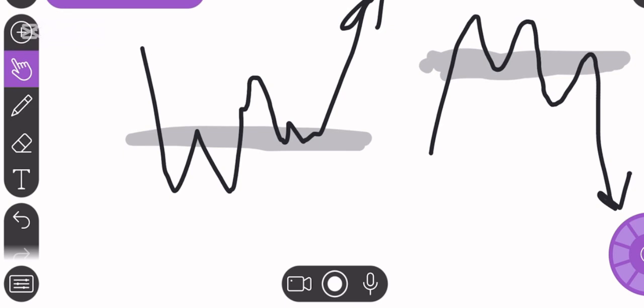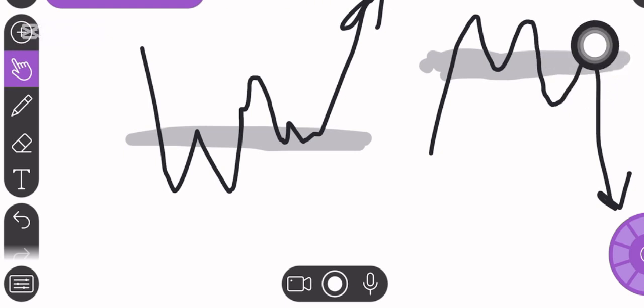Now there is a specific rule for this. You must understand that when price comes back to retest the neckline, it must not bounce exactly from the neckline. It can dip a little bit into this range, from where you have this top to where you have this neckline.